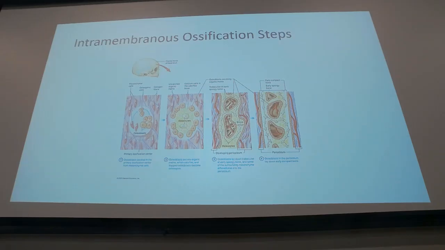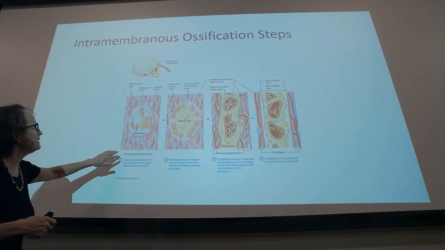So here is the process of intramembranous ossification. Again, we're talking about most of the bones of the skull, like if you make a magnification of the frontal bone.